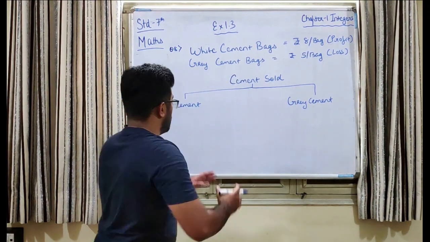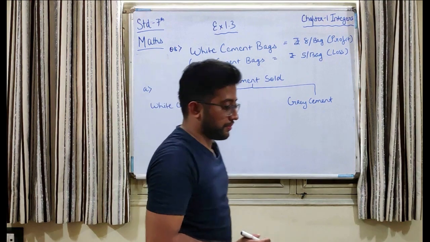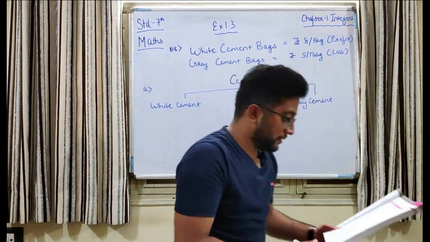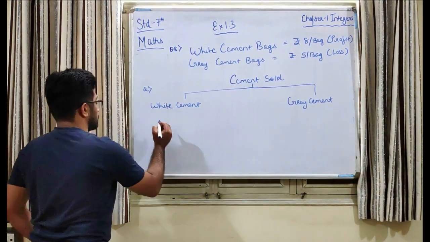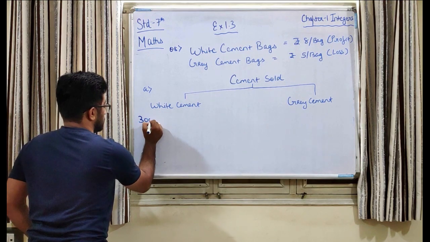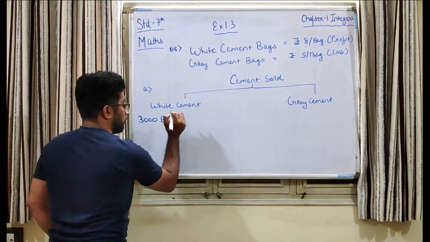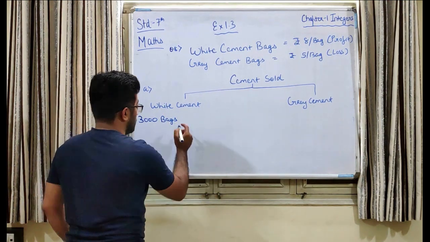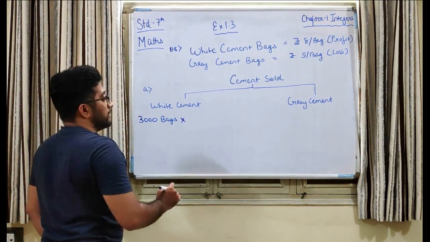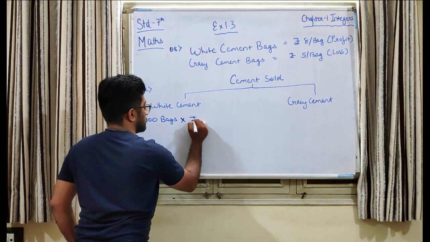Okay, so let us try to solve the same. So in the first question it is given that the company sold 3000 white cement bags. Okay, so the profit earned here is 3000 bags into rupees 8.